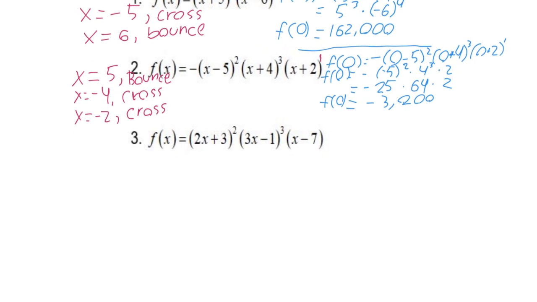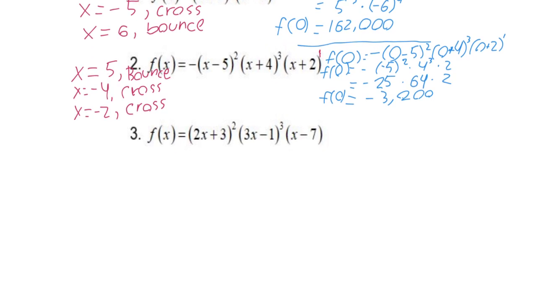Last one, number 3. Here we have a small hiccup, but nothing too crazy. Because here we have the situation where we don't simply have nice, neat coefficients. Rather, we have our coefficients that exist as some value times x plus some other value.